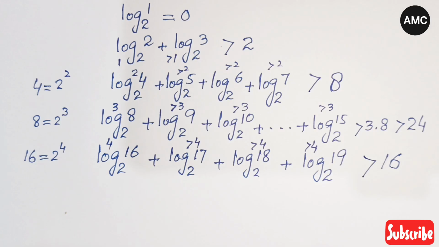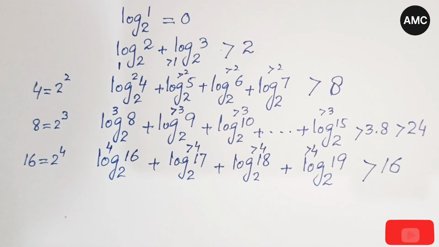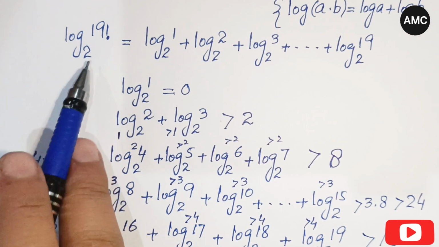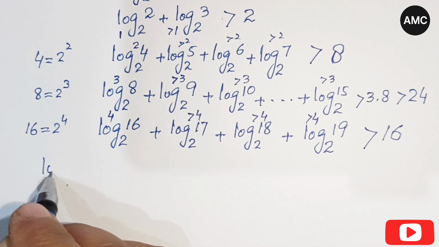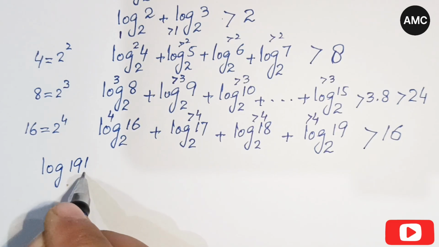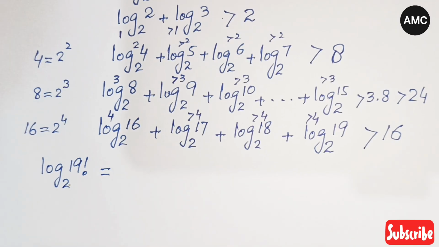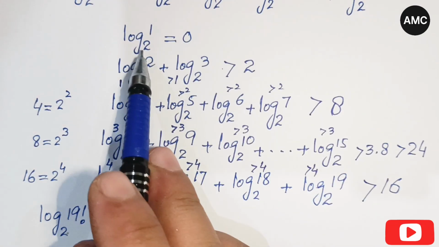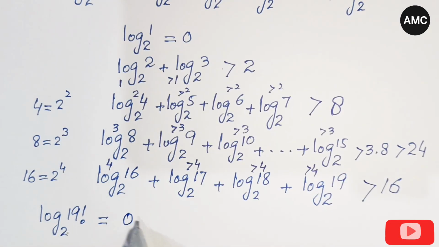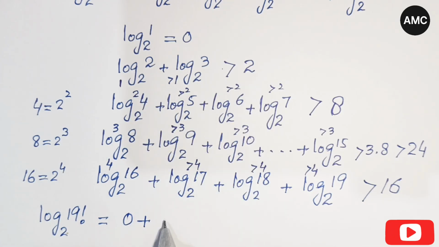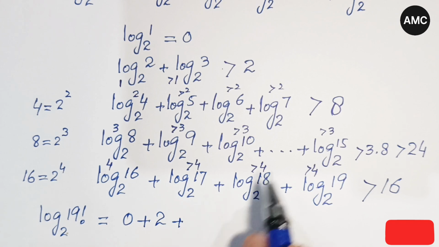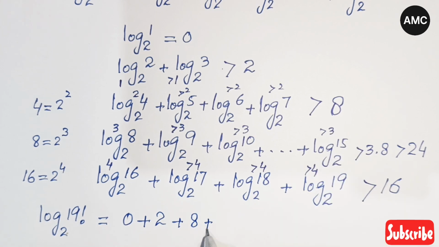Now we add these terms, as log 19 factorial to base 2. We have our first term, log 1 to base 2, which is equal to 0. Adding the next one, which is greater than 2, then we write 2 plus 8 plus 24 plus 16.